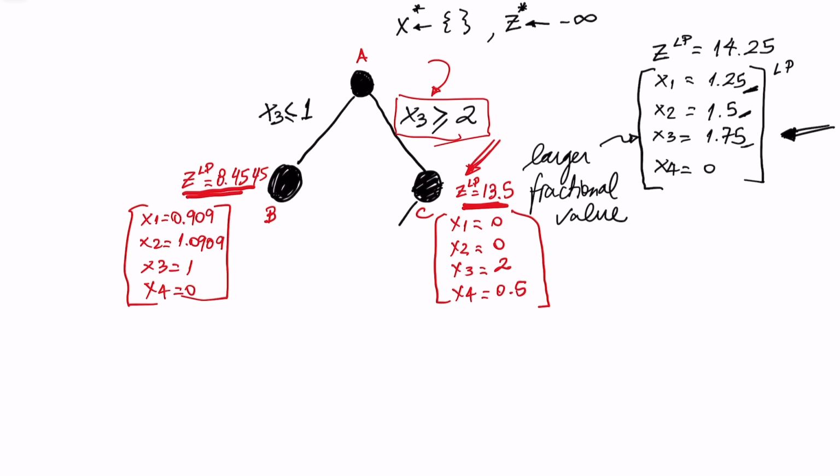So that means that we're going to create a node D here and a node E, where node D will have a constraint that says that x4 should be less than or equal to 0, right? The floor operator applied to 0.5. And node E will have a constraint that says that x4 has to be greater than or equal to 1. Again, these are nodes D and E. So now we're going to solve those linear programming relaxations associated to node D and node E.